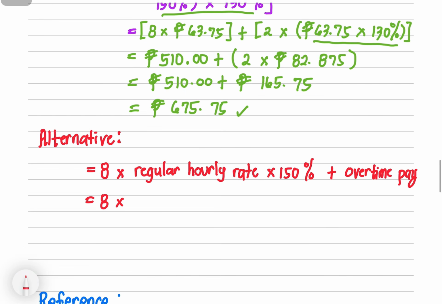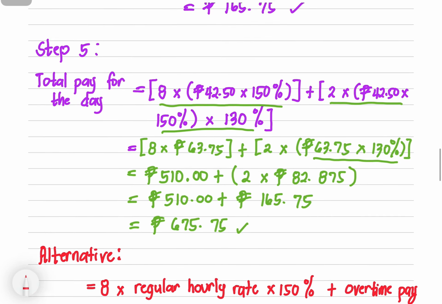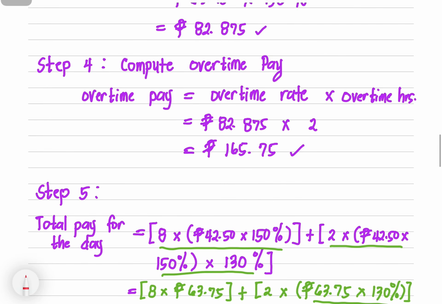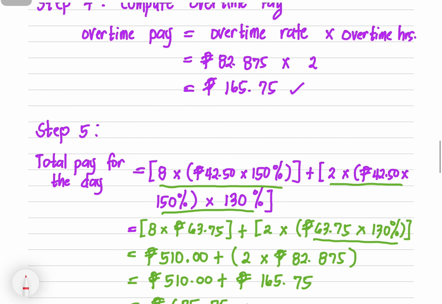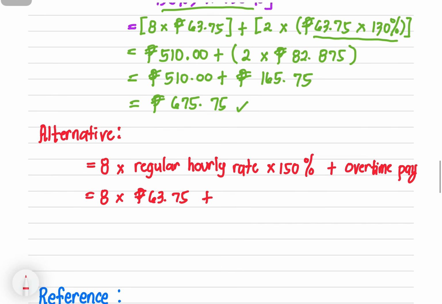So, pwede nating short, kumbaga parang shortcut, times 63.75 pesos. And then, plus yung ating overtime pay. So, punta tayo doon sa step number 4. Yung ating overtime pay, since meron kang 2 oras, so times 82.75, so 165.75. So, guys, dito, magmumultiply muna tayo.